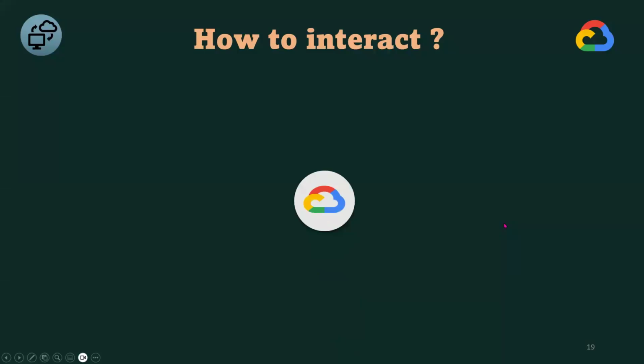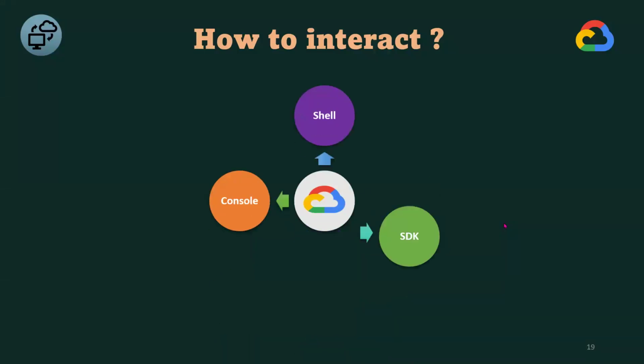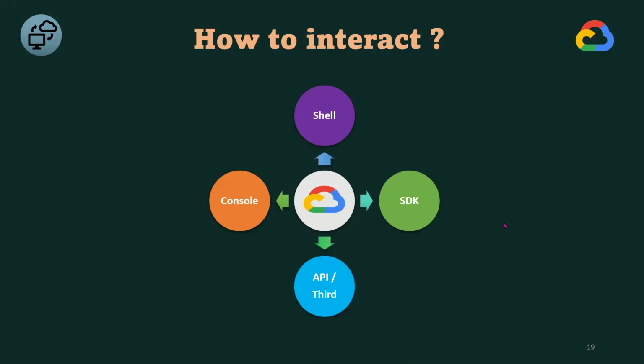So we have seen Cloud Console, Cloud SDK, Cloud Shell, and the fourth method is APIs or third-party tools. You might have many third-party tools and integrated development environments. They offer plugins and extensions that can be integrated with GCP, guys. So there are plenty of tools.